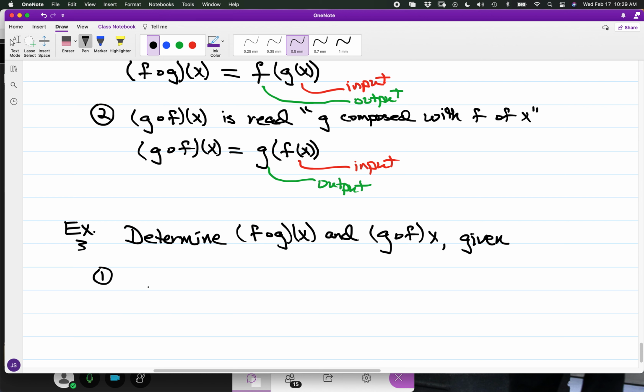We'll say we have f of x equal to x plus 2. And we'll say that we have g of x equal to 2x plus 3.